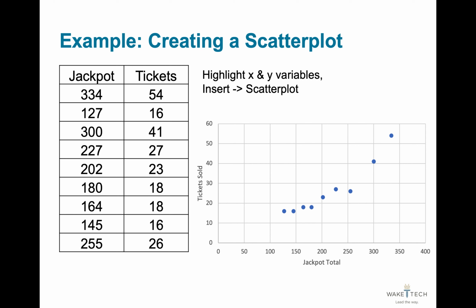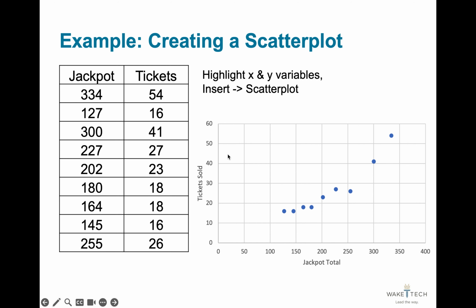So here we have a data set of different jackpot winning amounts and the number of tickets sold based off of that jackpot amount. So we can see when the jackpot was at 334, the number of tickets sold was 54.